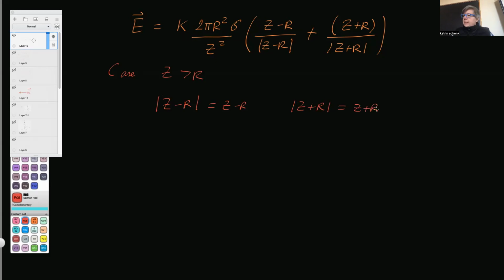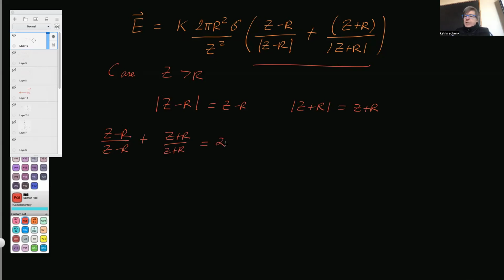So then our Z minus R, this little business up here, is Z minus R over Z minus R, plus Z plus R over Z plus R, and that's just 2.